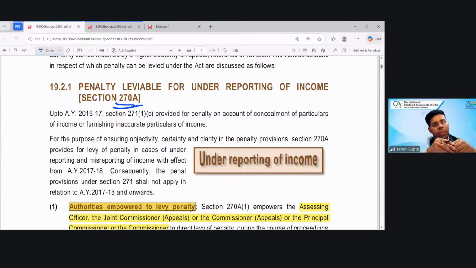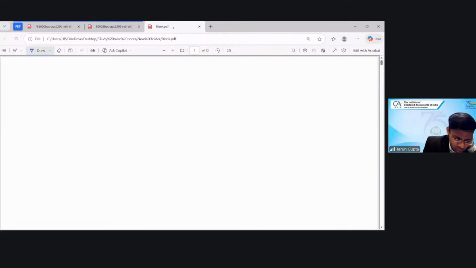To give you a brief background, earlier to 270A, there was 271(1)(c), which was a penalty for concealment of income, which is not applicable since, I think, AY 2017-18. So, with effect from AY 2017-18, we have 270A. Under 270A, there is a penalty for underreporting of income. Now you understand underreporting as a big balloon.